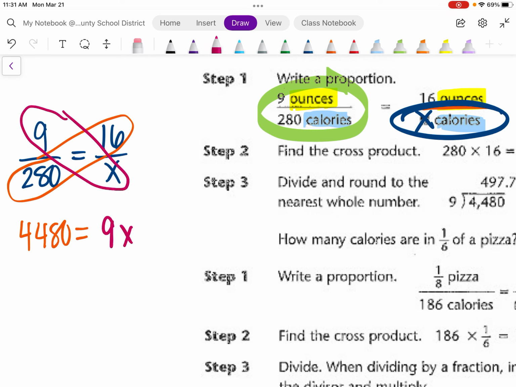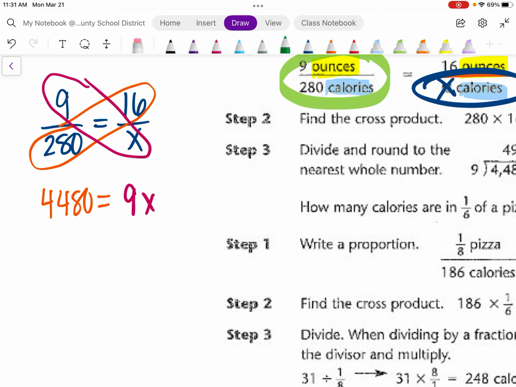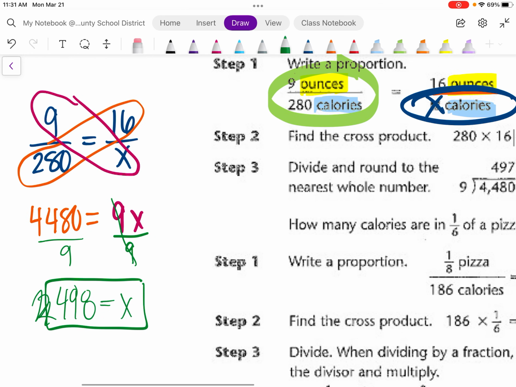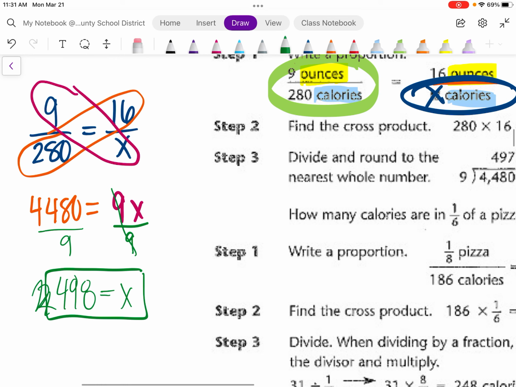It's 9x. Because those are being multiplied, you're going to divide both sides by 9. And that means that you get 498. Okay. So we get 498 calories in my 16 ounces of enchiladas.